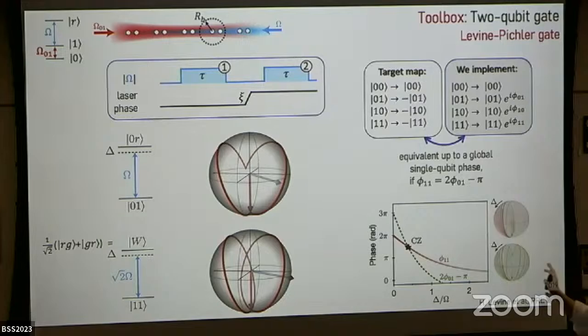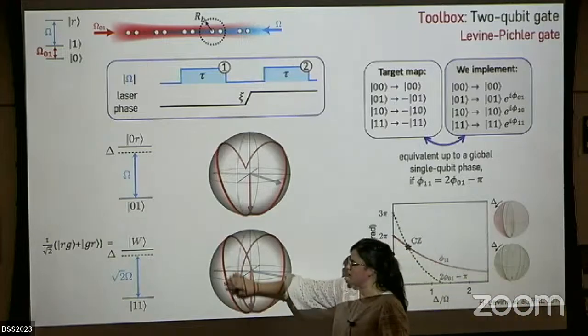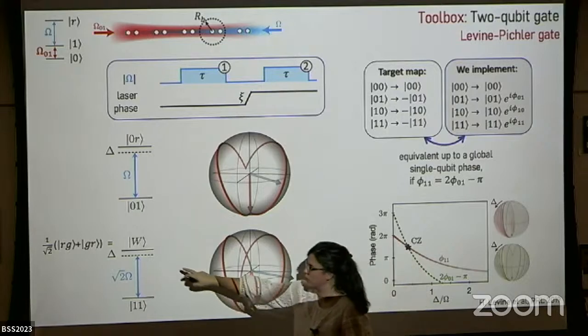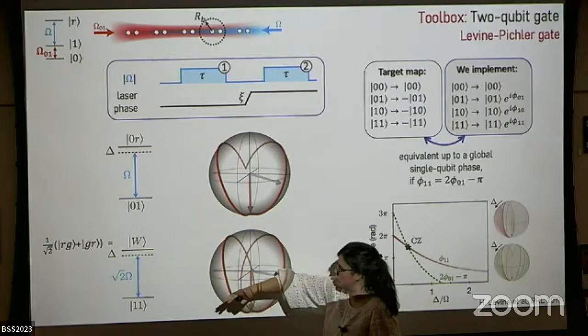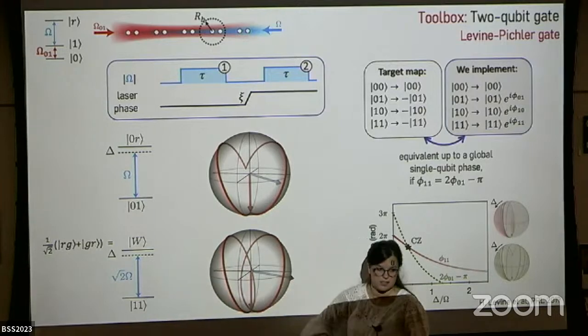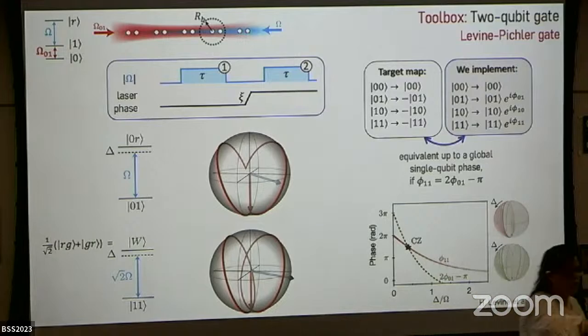The idea is the area enclosed by this trajectory depends on the detuning of your transition, because the detuning fixes the orientation of the axis for the rotation. So if you change that axis, you change the phase that is acquired. And if you tune that, you can find a solution for which these phases are identical to each other. Okay, more or less.